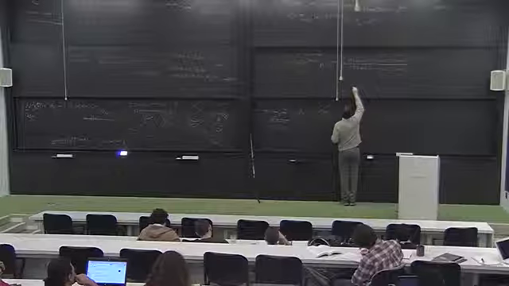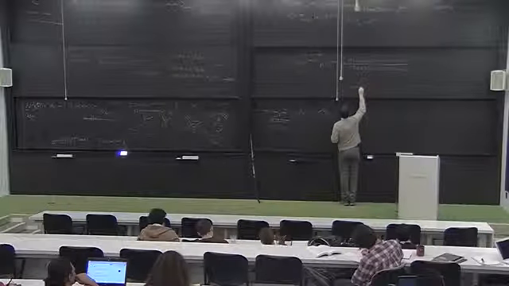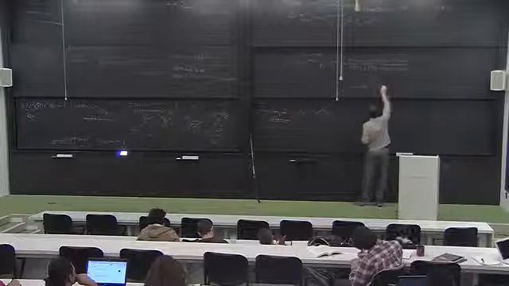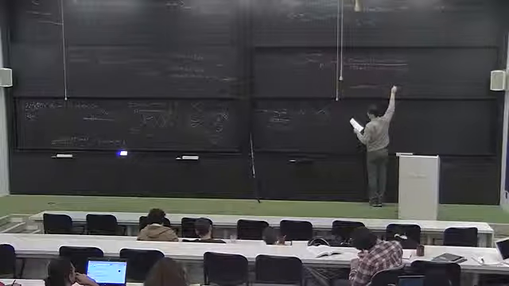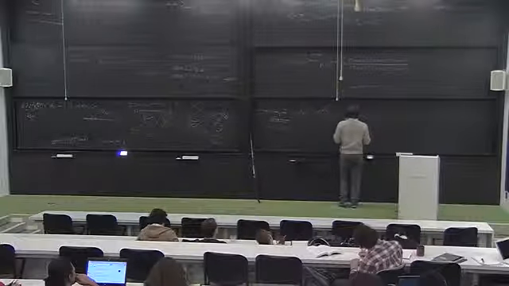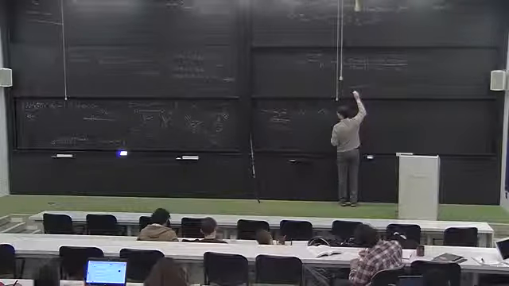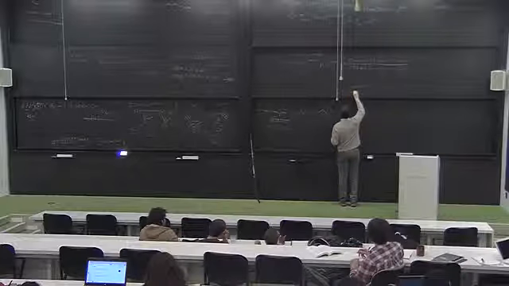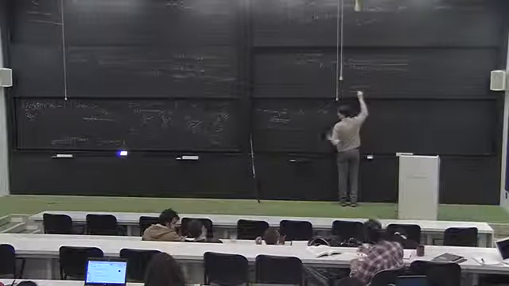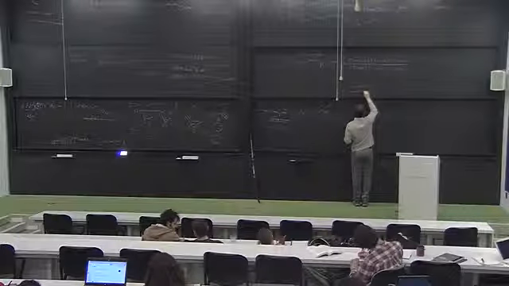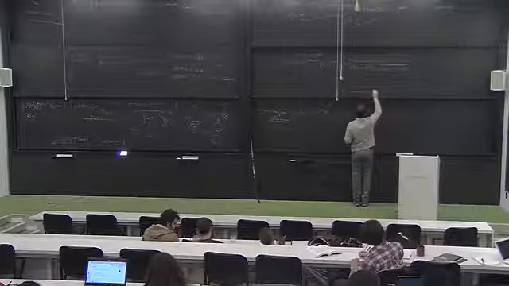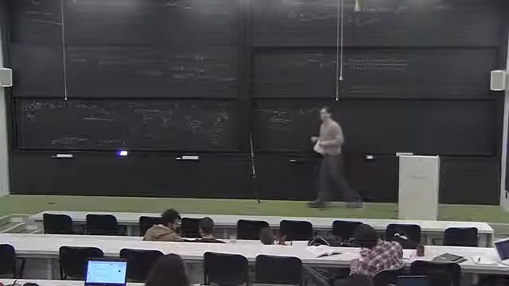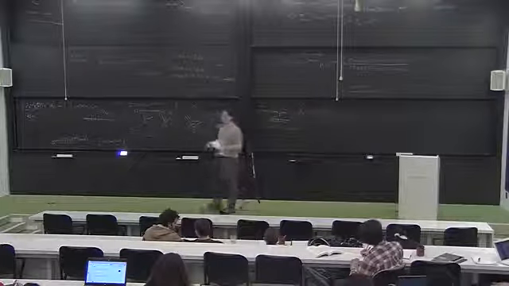So that means 1 plus P4 dot P1 equals 0, minus 1, minus 2, minus 3, which means (P1 plus P4) squared equals 2, 0, minus 2, minus 4, minus 6.